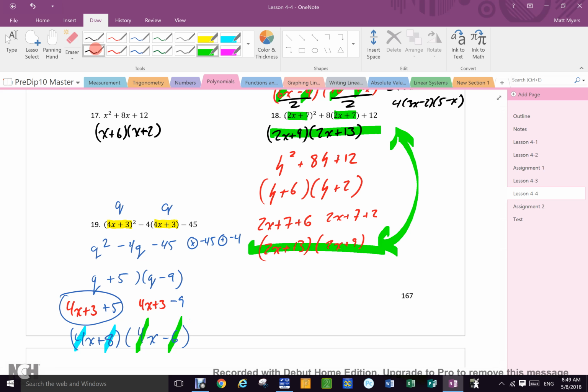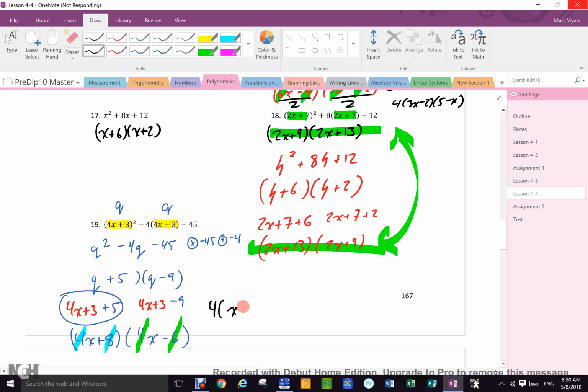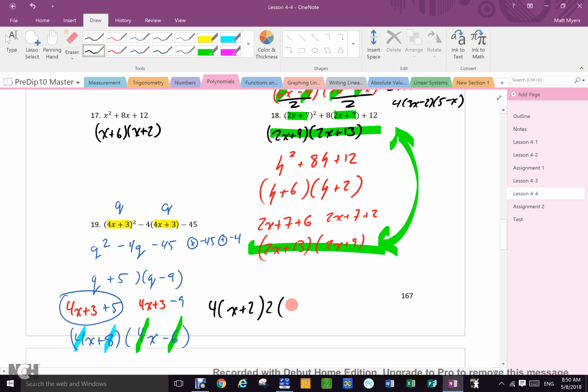That they have a common factor. 4 is coming out of the first one to give us x plus 2, and 2 is coming out of the second one to give us x minus 3. 4 times 2, 8. X plus 2, x minus 3.